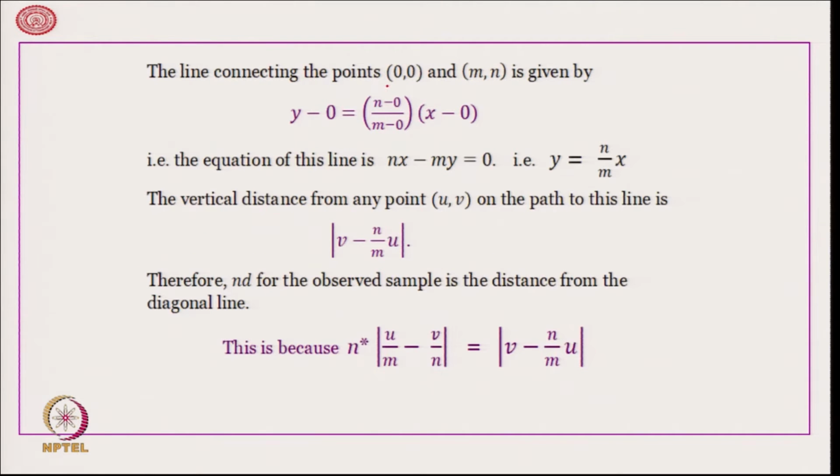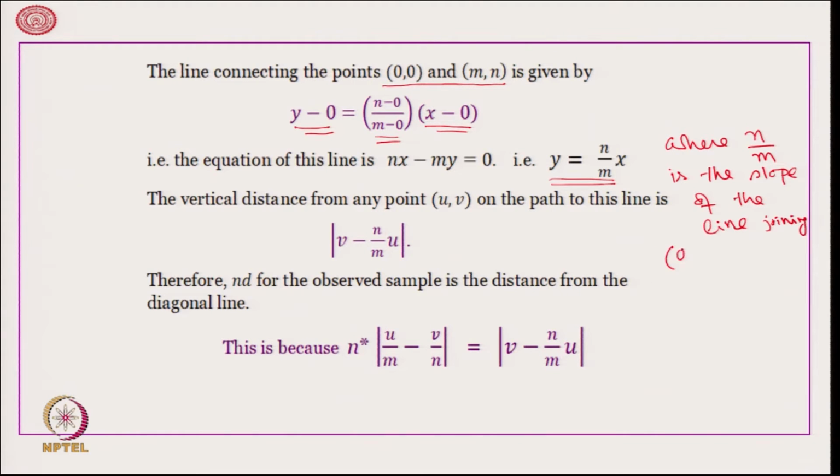The line joining the points 0 0 to m n can be written as y minus 0 is equal to n minus 0 upon m minus 0 multiplied by x minus 0, or in other words we can write it as y is equal to n by m x, where n by m is the slope of the line joining the origin or 0 0 to m n.